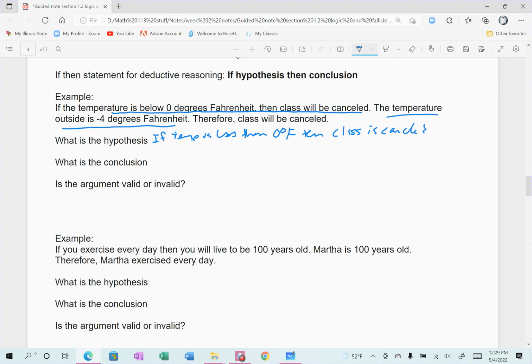That's premise 1. Premise 2 is the temp is -4 degrees Fahrenheit. So those are my two hypotheses. The conclusion then was class is canceled.